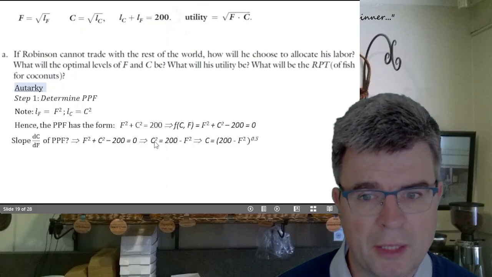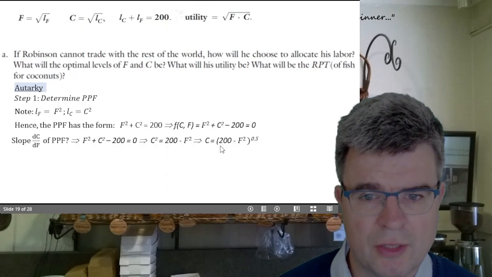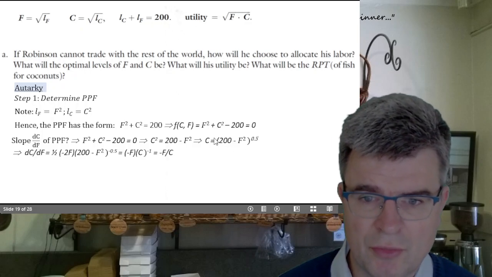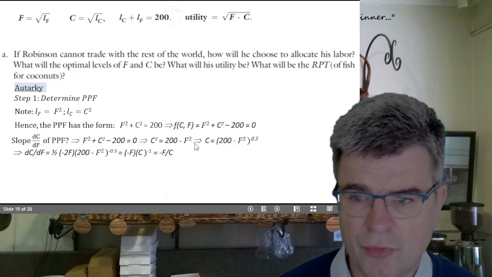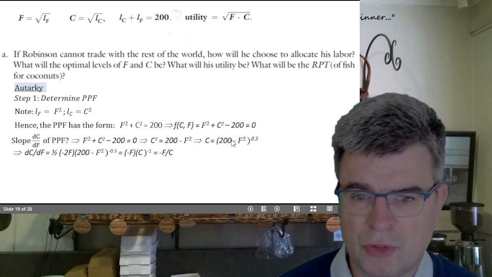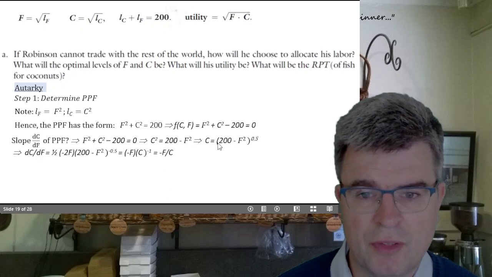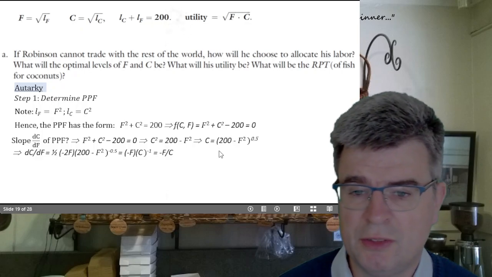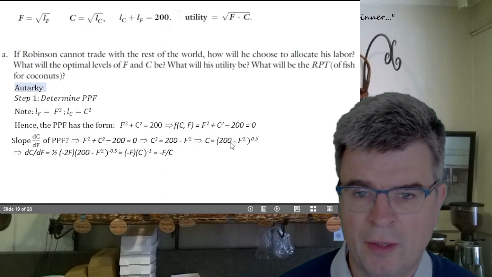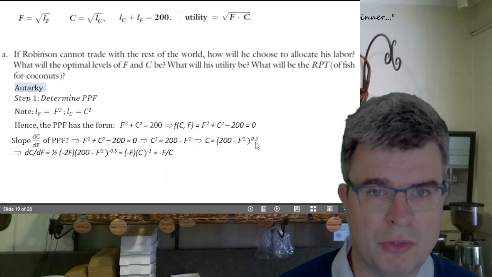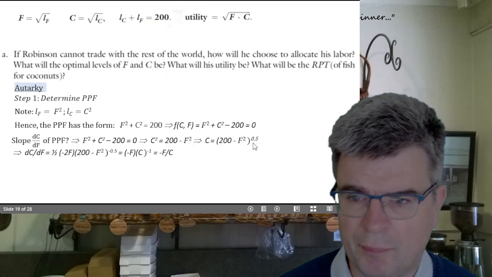We can take the squares of the left hand side and the right hand side, get the following expression. And then we can take the derivative of this with respect to f, which amounts to 1/2, and then the derivative of the thing within parentheses, which is minus 2f, and then the original part within the parentheses, and then we reduce the power by 1.